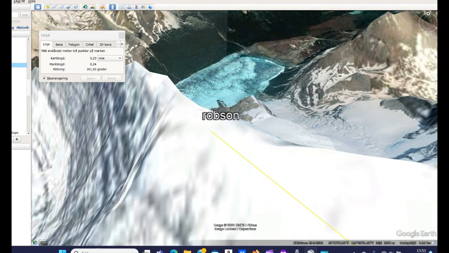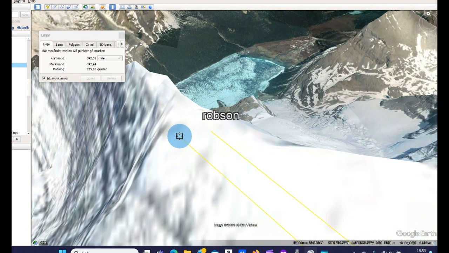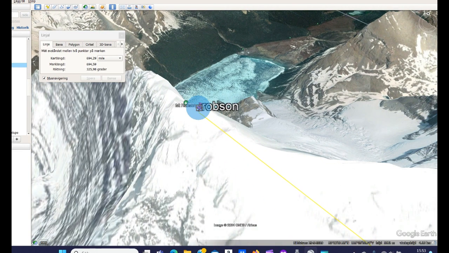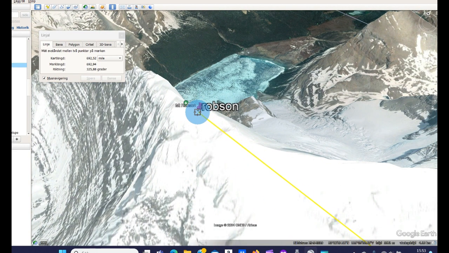So here is the very peak of Mount Robson, if it just clears up in a second. The peak is right around here, and we have a distance of sort of the average value of the two distances, around 792.7 thereabouts in miles, 792.7.